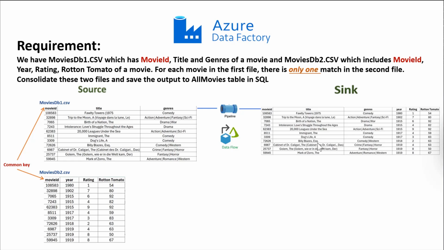So we want to do that using data flow. Also, we will look into the one-to-many relationships in the next requirement, but for this one, our assumption is there is a one-to-one relationship. Okay, let's do that.